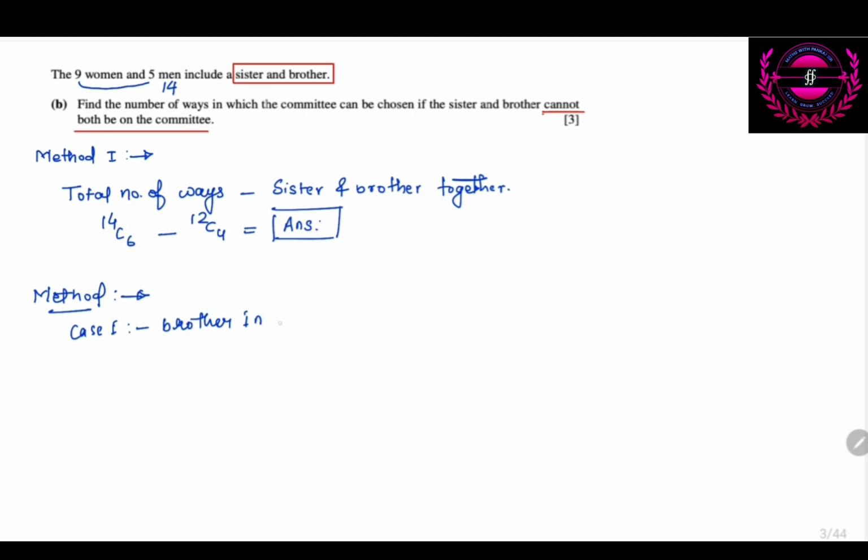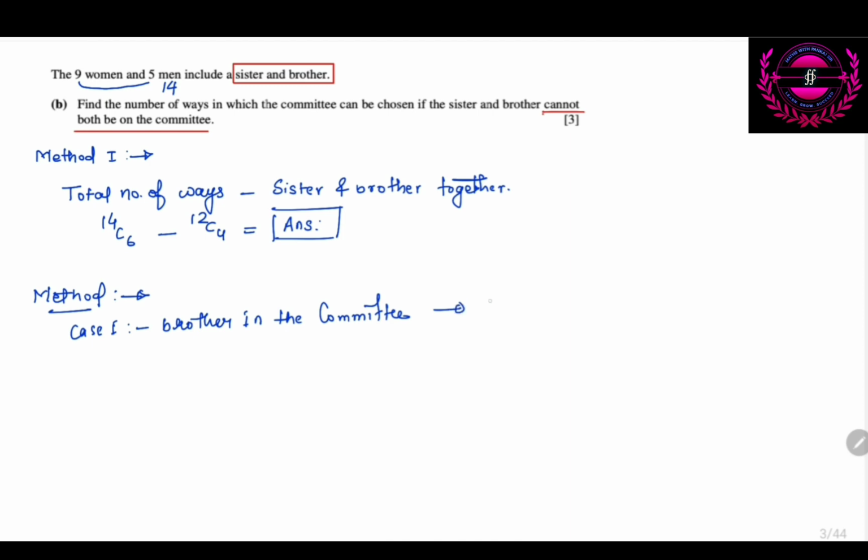So if the brother is in the committee, I have already chosen the brother, so I can choose the remaining 5 people from the remaining 12 people. I am not including the sister, as I have told you, only the brother is in the committee. So I can choose 5 remaining people out of 12 in 12C5 ways.